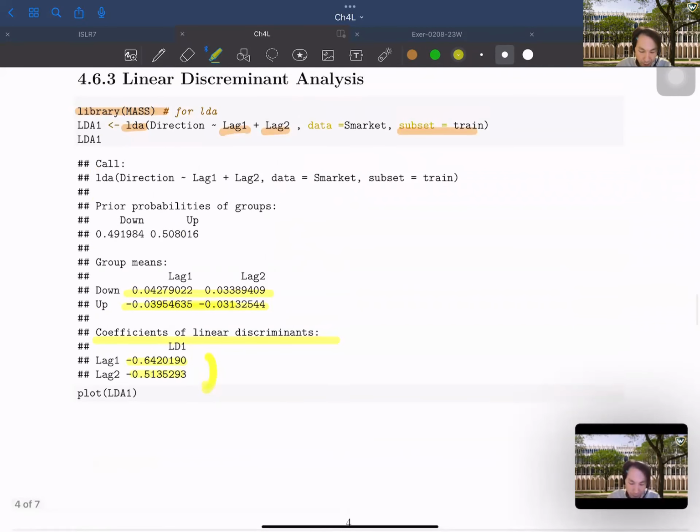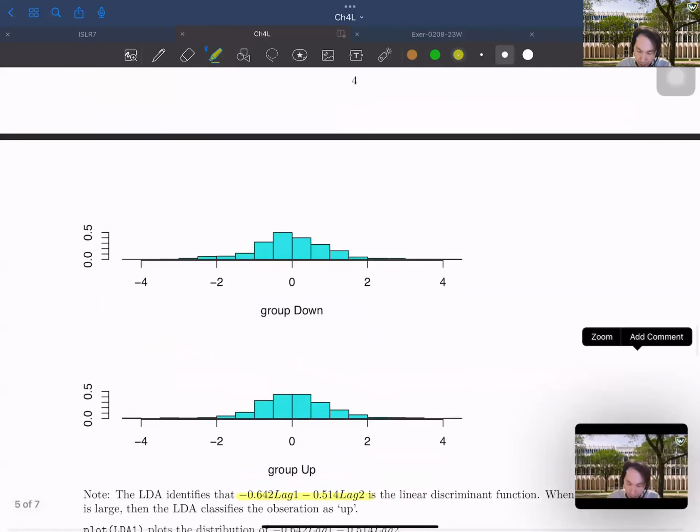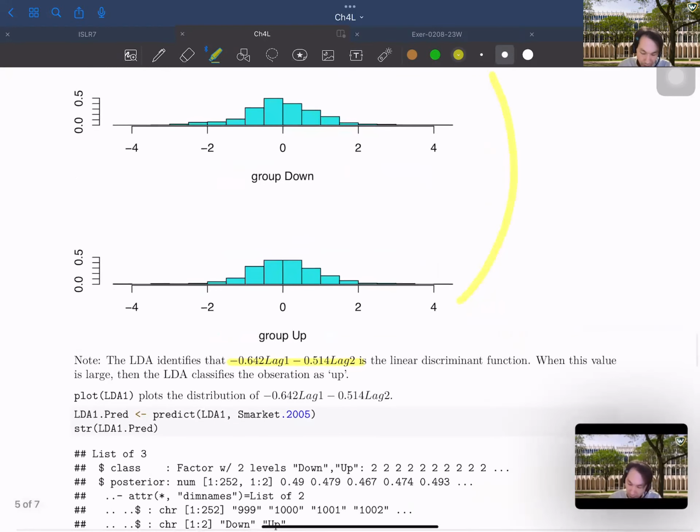Sorry, it's not very clear for me what this means.